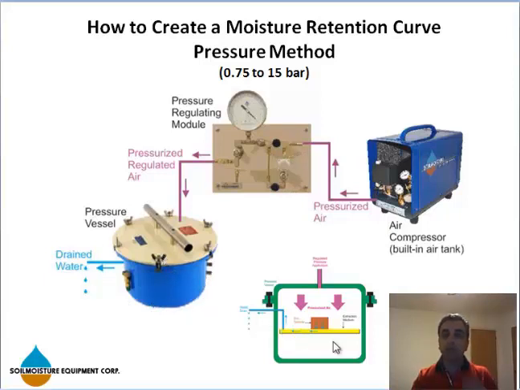Inside the extractor, you have a ceramic plate and your soil sample. The practical range of application for the pressure method is from about 3/4 of a bar to 15 bar. For tensions less than 3/4 of a bar, you had better use a vacuum.